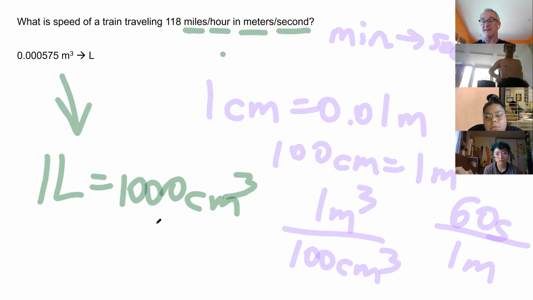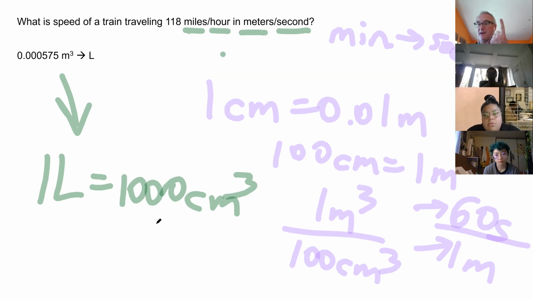What that means is that 60 seconds is the same as 1 minute, right? So every time I multiply by one of these, I'm basically multiplying by 1. I'm just changing the unit. I'm not multiplying by anything but 1. So all of these have to equal 1 anytime you multiply.